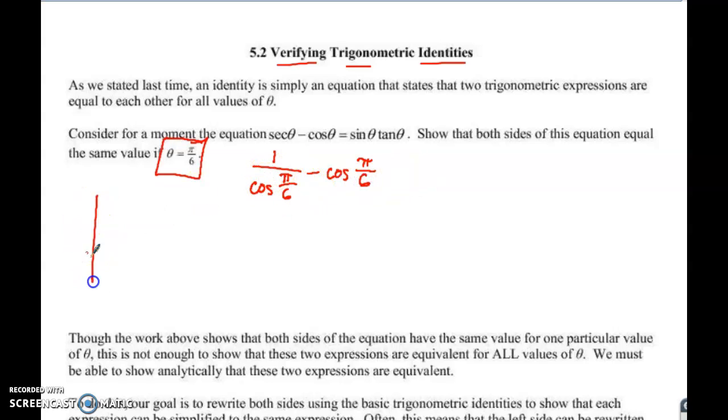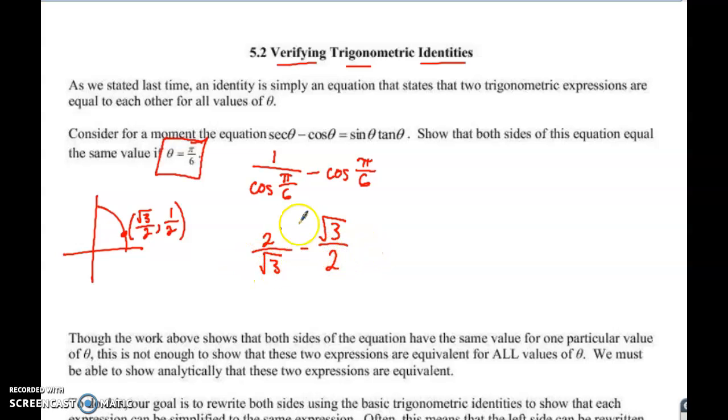If we look on the unit circle, at pi over 6, this is that ordered pair root 3 over 2 comma 1/2, which you should have memorized. Remember, secant is the reciprocal of cosine, so 2 over root 3 minus cosine would be that root 3 over 2.